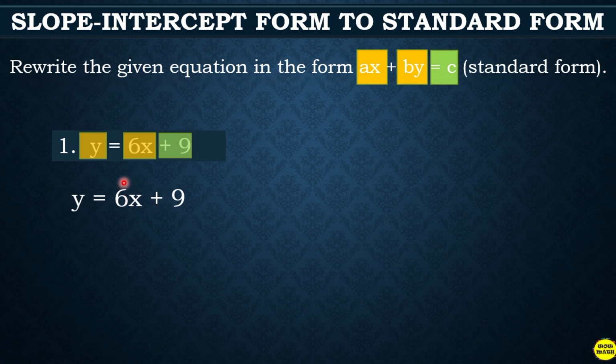Okay, so since we need to eliminate this, kailangan mawala ito. Kagaya ng ginawa natin kanina, mag-a-add tayo ng negative 6x, ganun din sa kabila. Okay? So, makakancel na ngayon si 6x. Okay? Ano na lang naiwan? So, we now have negative 6x plus y equals 9.